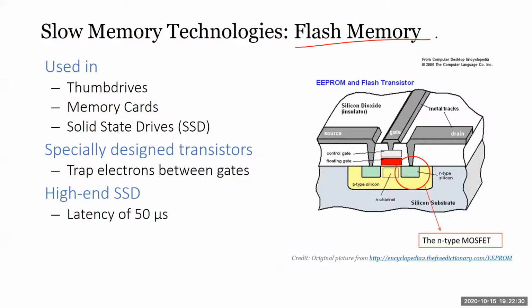Flash memory. Nowadays, your SSD uses this thing called flash memory. They have no magnetic component, so it's not mechanical at all. What they do is very interesting. They use something like a transistor, but they have some way of trapping electrons between the gate.